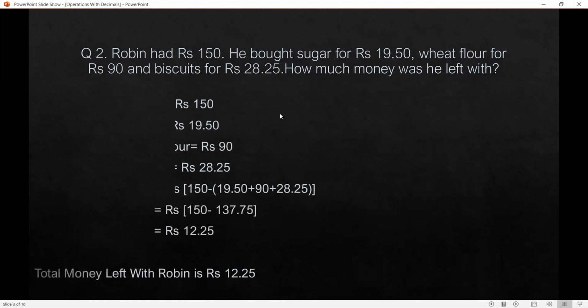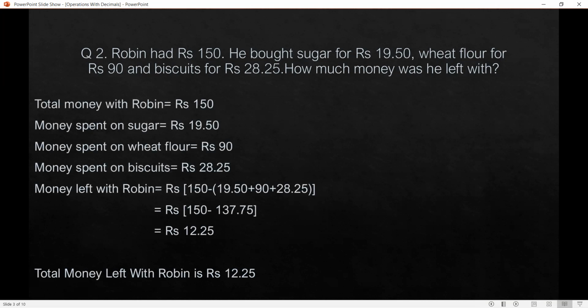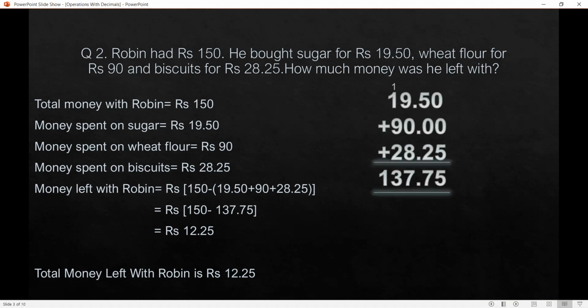First of all, we will add the money which is spent by him. It's given that total money with Robin is rupees 150, money spent on sugar rupees 19.50, money spent on wheat flour rupees 90, and money spent on biscuits rupees 28.25.